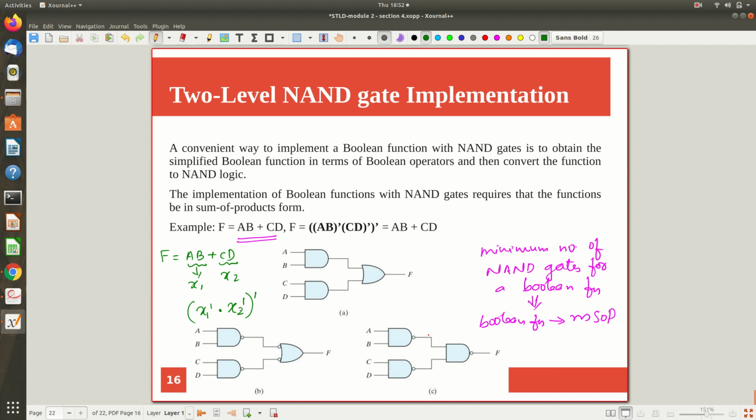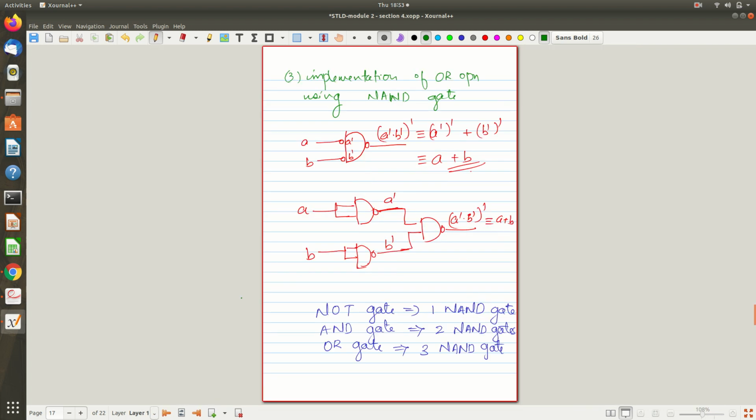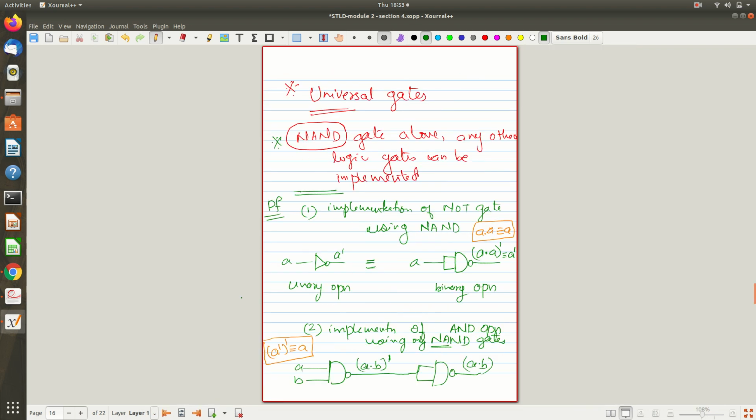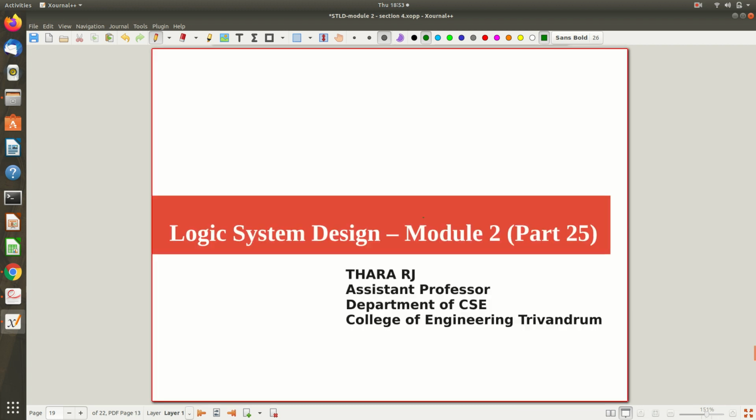So, this is the idea. The implementation of a plus b is like this: this is the first NAND gate, this is the second NAND gate. That is giving you the first input complement and the second input complement, and the third NAND gate is going to give you the final answer, a plus b.